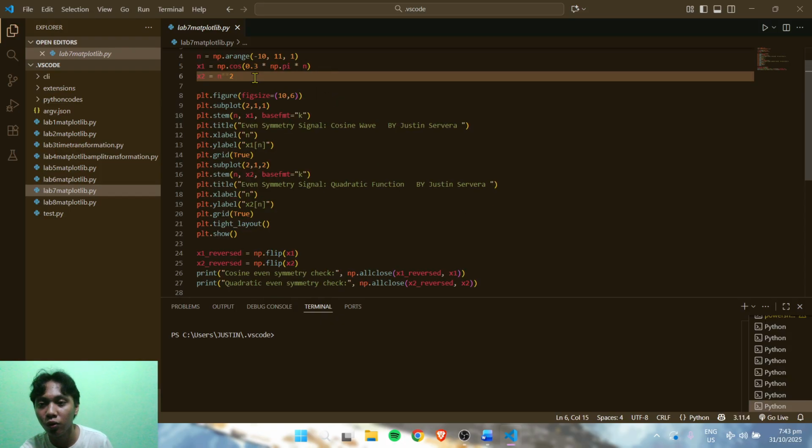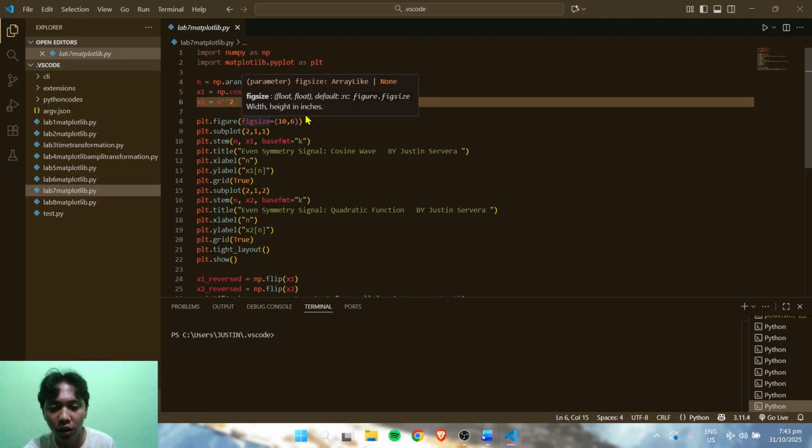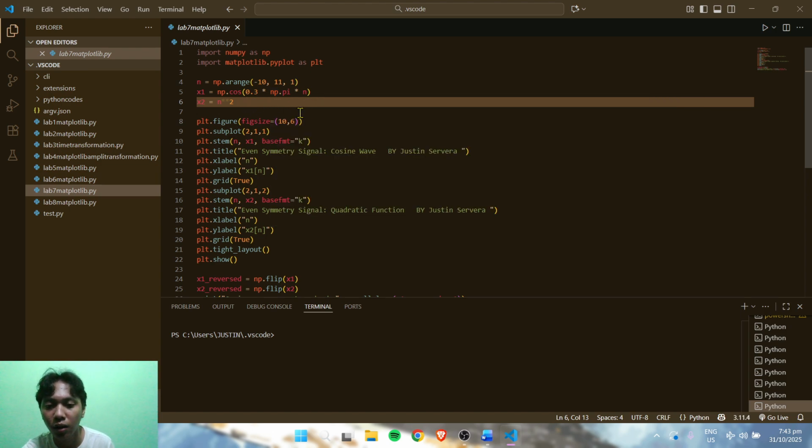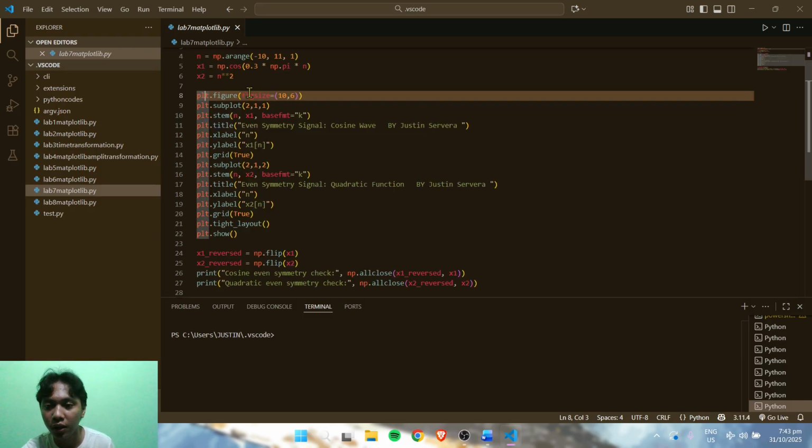And for x2 equals n raised to the power of 2, so squaring, this always makes the value positive. So both the left and right sides of the graph look identical.